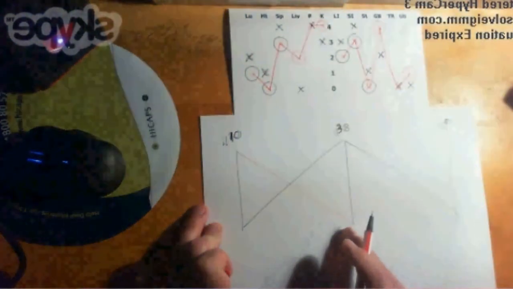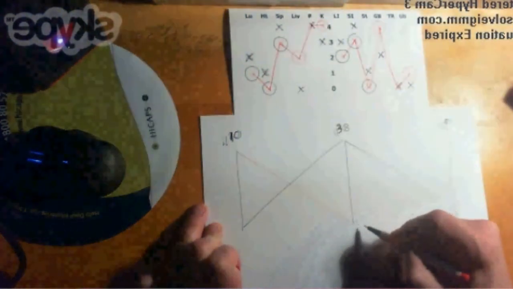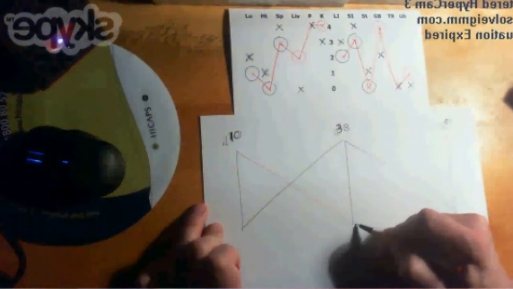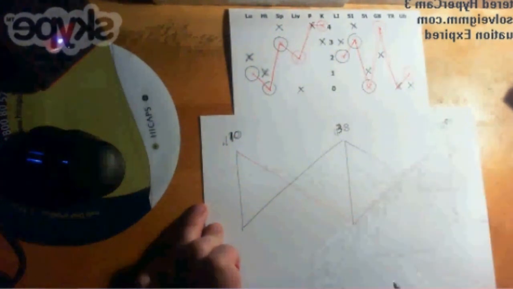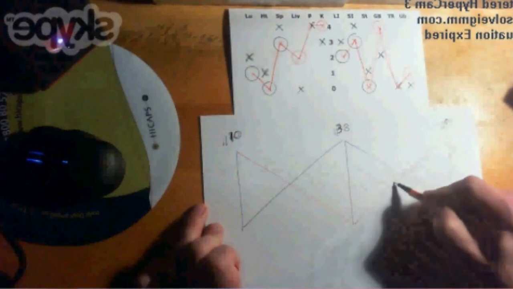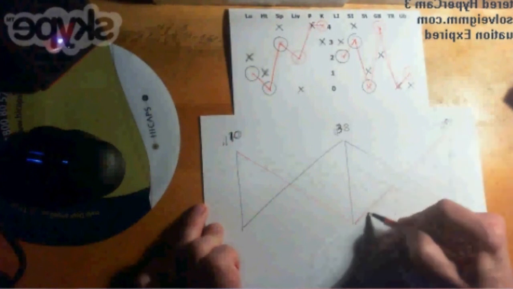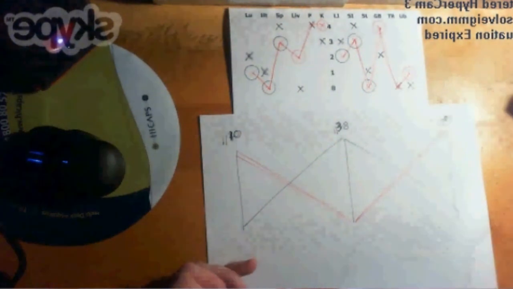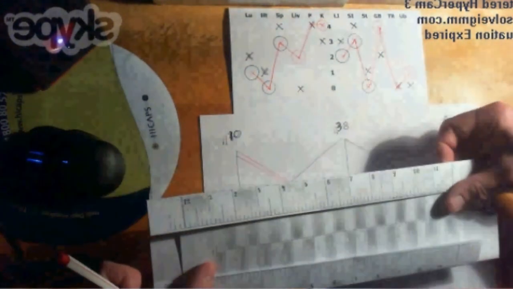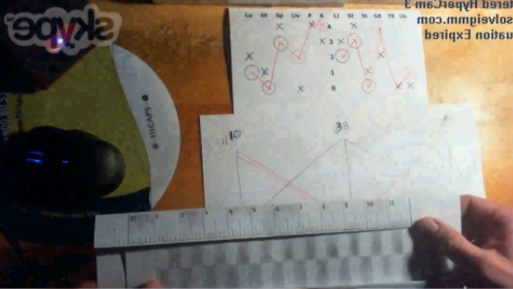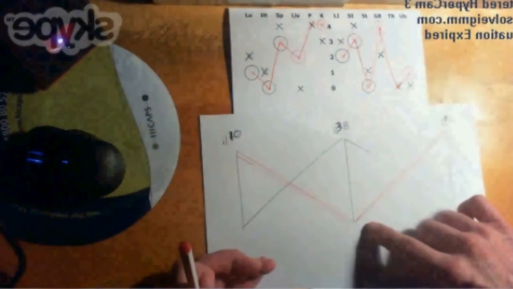I use the red marker, and from 11:38 it will be the yang cycle. So yin is increasing, and after 11:38, as our ruler will show us, it will be the yang cycle for our patient.